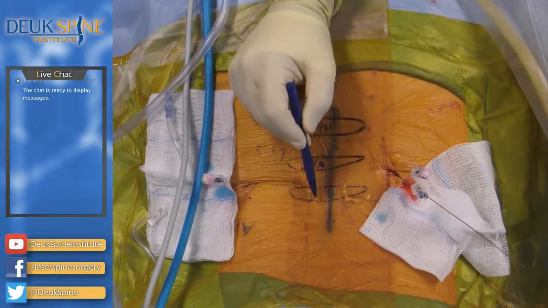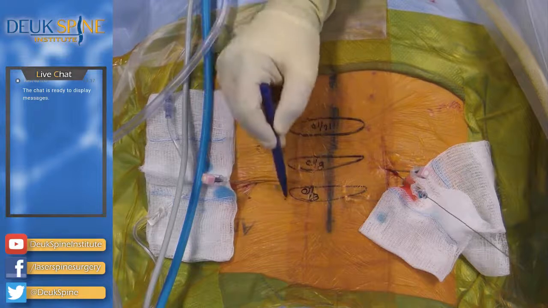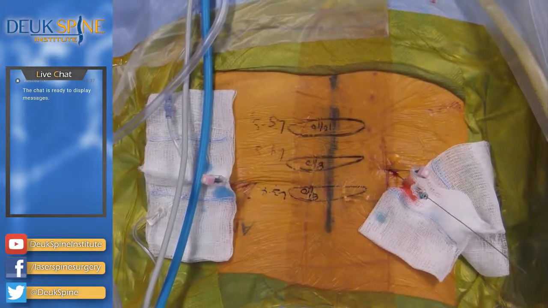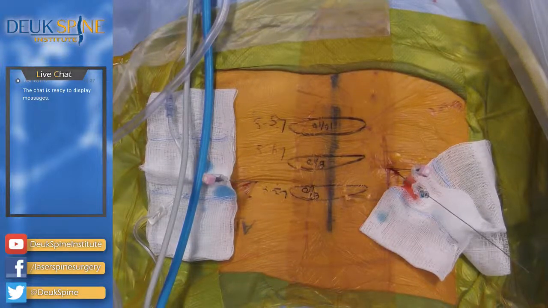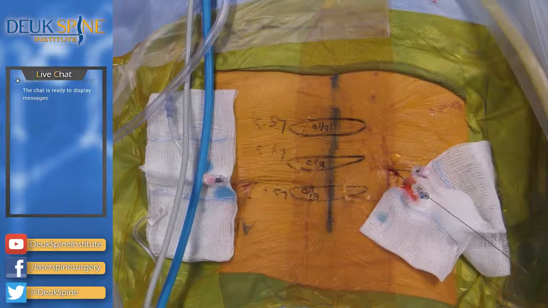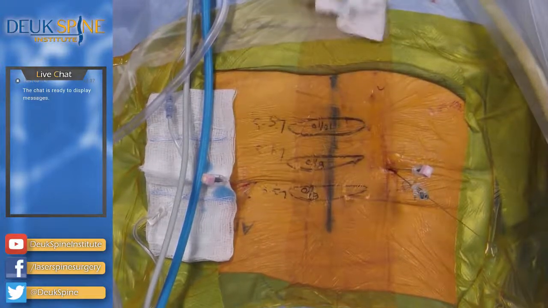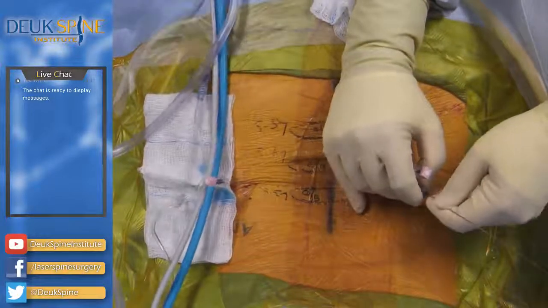And L34 was an 8 over 10. So, you know, if you asked me which disc would be the most painful, I would have picked the L34 based on the MRI. It just shows you can't trust MRIs. They don't tell you where people's pain comes from. People tell you where their pain comes from.